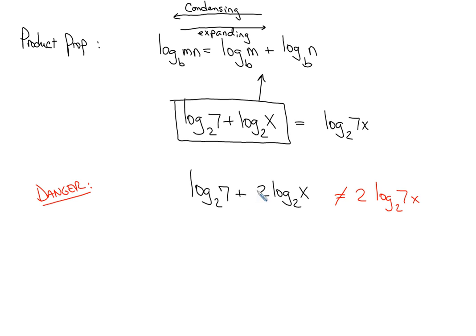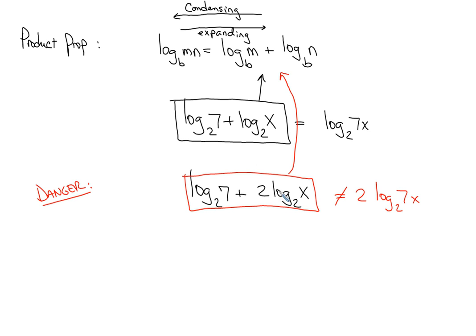The problem is, does this match the structure of the right side of the property? No. Why not? The 2 in the front. Do you guys see the problem? This 2 in the front has no place in this structure.